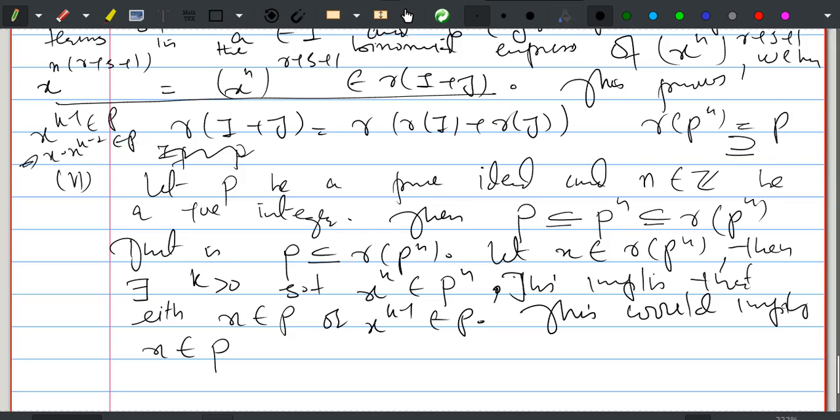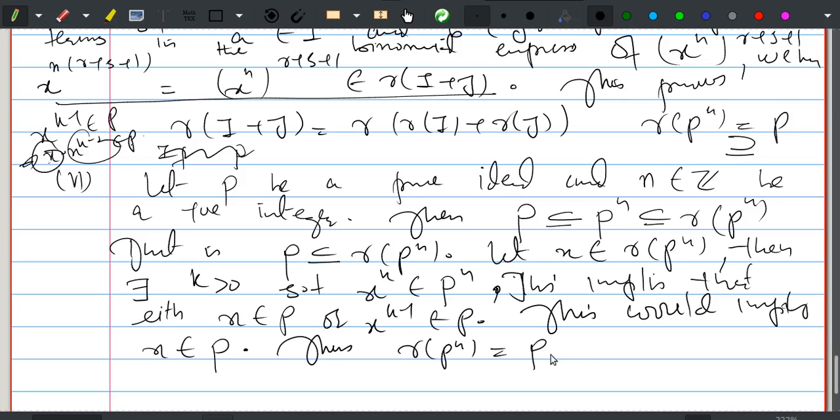So that means p being prime, either this is there or this is there. If this is there, we are done. Now if x to the power k minus 2 is there, doing the same procedure, we will get x is an element of p. So thus radical of p to the power n is p. So this proves the last item.